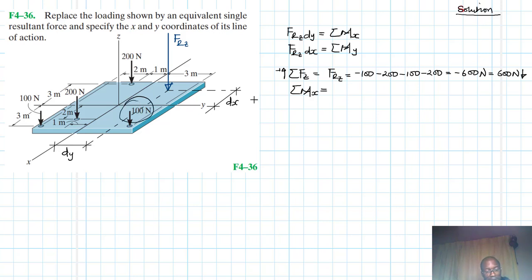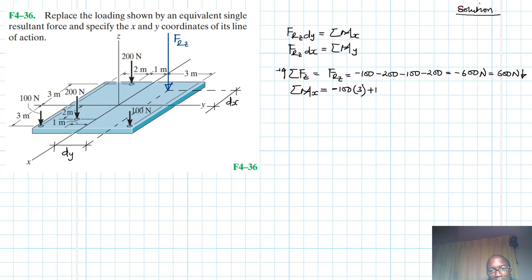This 100 on the right is going to cause a negative moment, and the rest of all the other forces on the left will cause a positive. So we have just one negative, and the rest are positive. So negative 100 times the lever arm about the x-axis, the lever arm is 3, and then the rest are all positive.